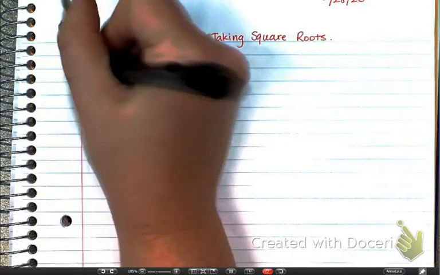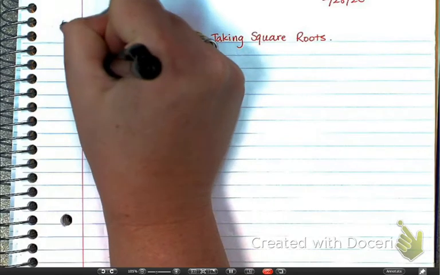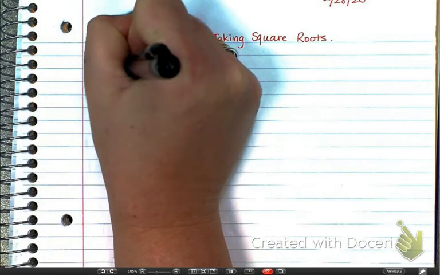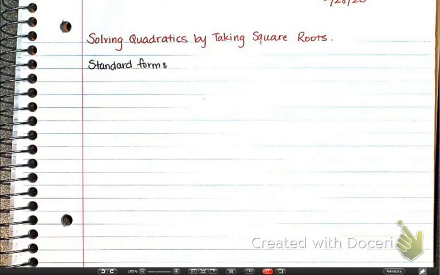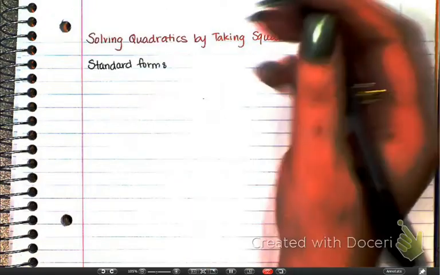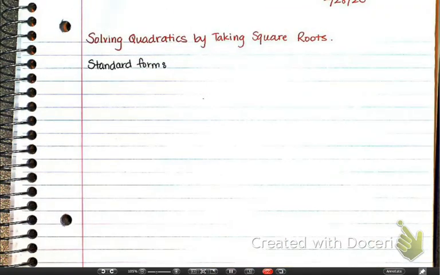Actually, before that, what's standard form for a quadratic equation? Who remembers standard form for a quadratic equation?